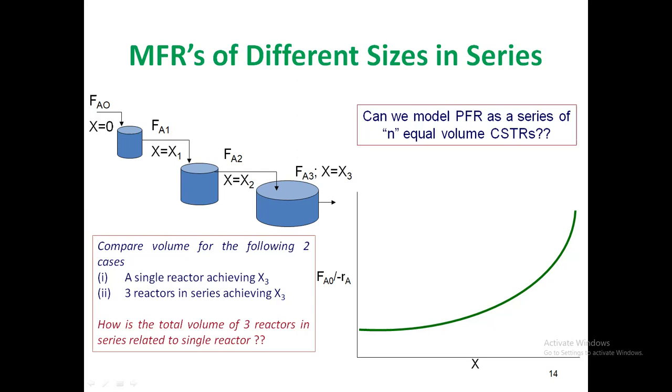So, compare the volume for the following two cases: a single reactor achieving a given degree of conversion, let's say you only have one CSTR and the conversion is 90%. And the other case would be three CSTRs in series achieving the same degree of conversion, which is 90%.